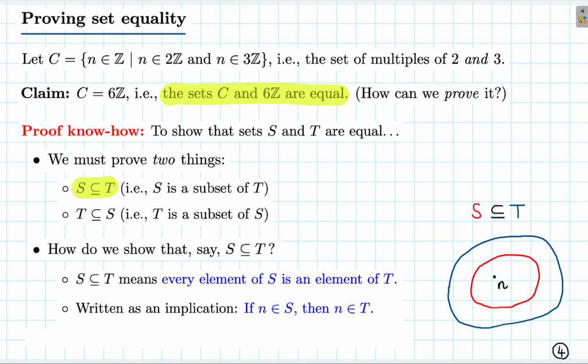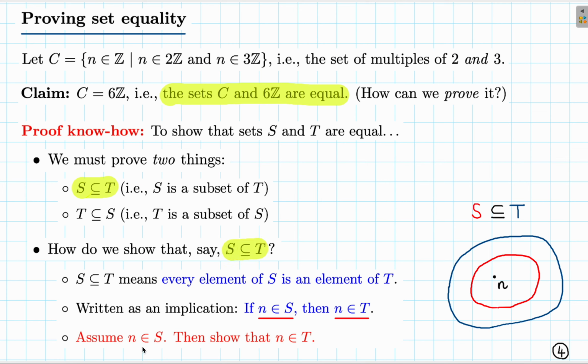And so how do we do that? Well, now we have our usual way of proving an implication. We assume the hypothesis and we prove the conclusion. And so if we want to show that S is a subset of T, what do we do?